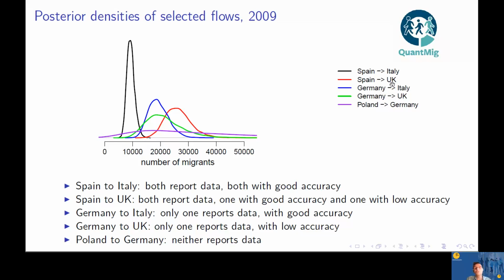So the addition of an inaccurate data source doesn't add much in reducing the uncertainty compared to having no data, going from no data Germany to survey data from the UK. But you do see that if you do have some survey data, you do get some reduction in the uncertainty compared to having no data.